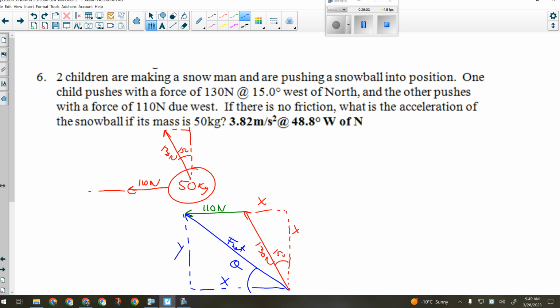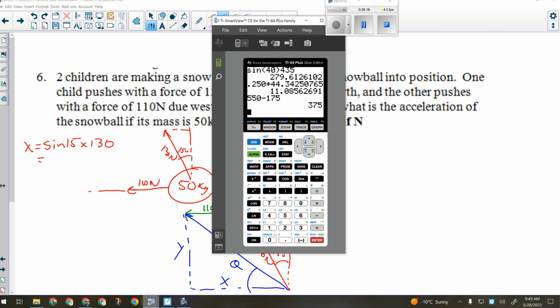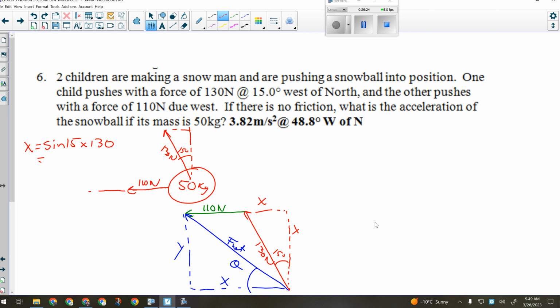Everybody with me so far? All right, so we got to calculate all of our x's and y's. Red x is the opposite side, so that'll be the sine of 15 times 130. Okay, 33.65 newtons, and that's west.